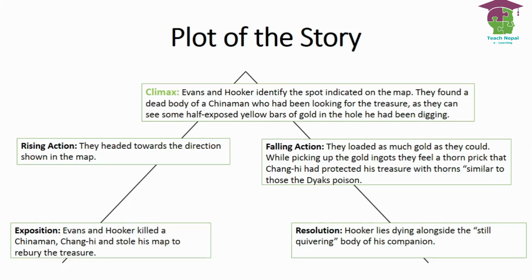They felt a thorn prick; Chang He had protected his treasure with thorns similar to those the Dayaks use to poison, needle shaped thorns. That type of thorn was used there to protect his treasure, and it was poisonous also. So both of them were pricked.